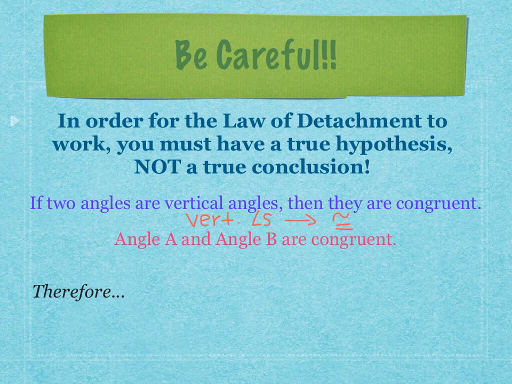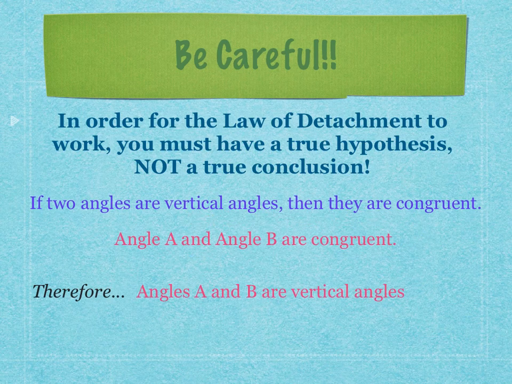Now let's suppose I tell you, here are two angles, A and B, that are congruent. Do you see that angle A and angle B being congruent is actually the conclusion of the statement? So I cannot go backwards and say, oh, they must be vertical angles. And I see a lot of people do that. A lot of people make the conclusion, oh, they must be vertical angles.